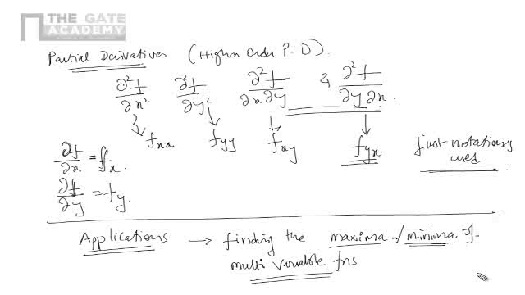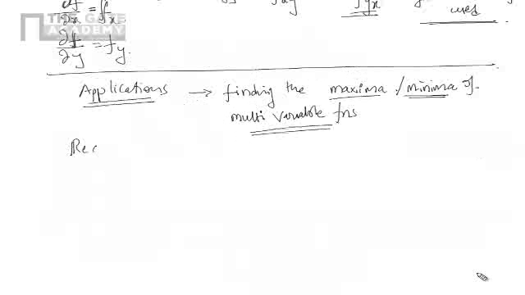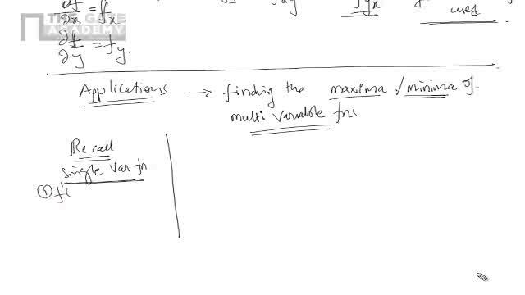There are some conditions for that. So let us recall quickly what we did for single variable functions. We did f dash of x is equal to 0, then f double dash of x less than 0 means maxima, f double dash of x greater than 0 means minimum point, correct? So this is for single variable functions.